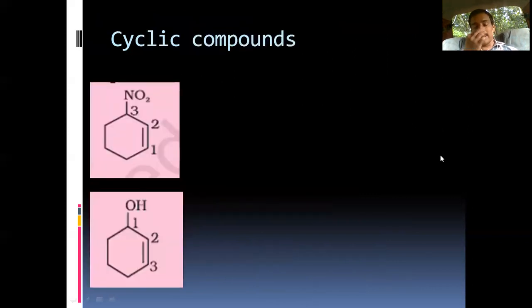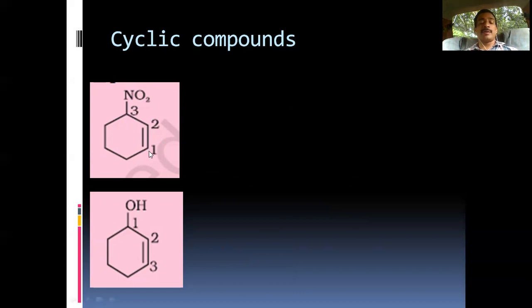Now the nomenclature of cyclic compounds. It is not cyclohexane. What is the reason? There is a double bond here. So when you number, the double bond will get preference over substituents like NO2, Cl, CH3, such groups. So here you give preference to the double bond.